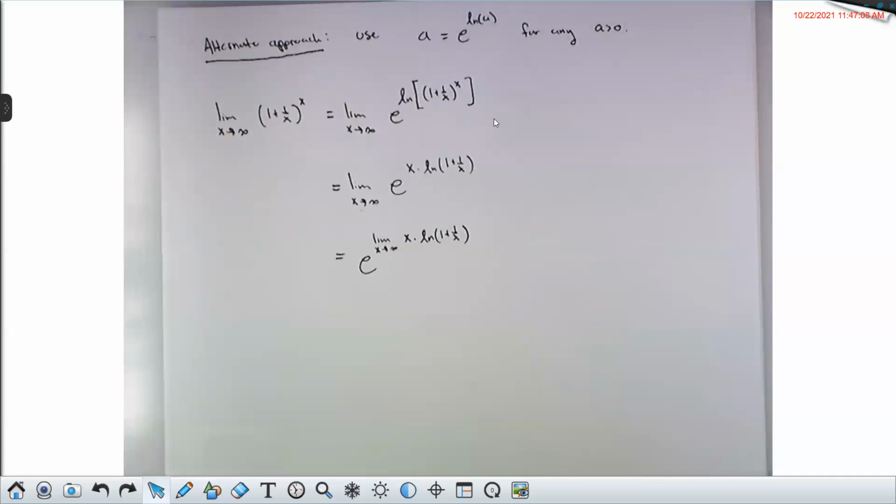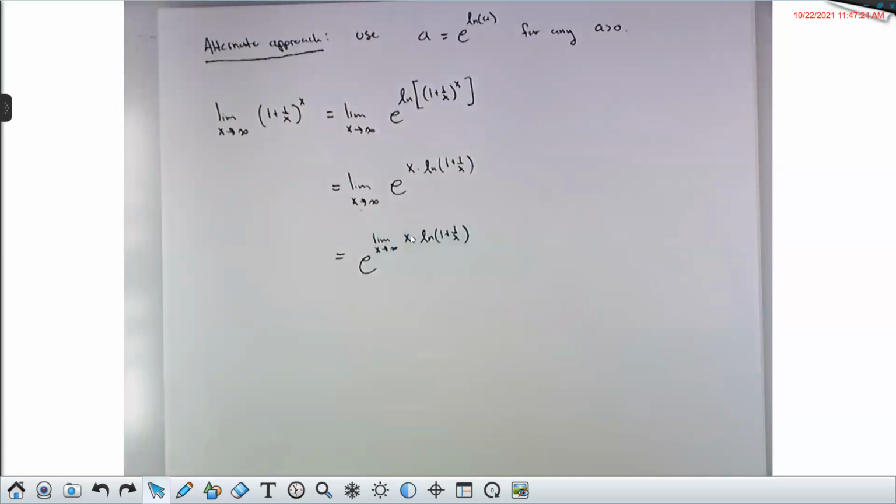Again, I'm using that fact that limits and continuous functions can commute. You can stick a limit into a continuous function or pull a limit out of a continuous function. From here, I do all the same stuff that I did to this piece before.